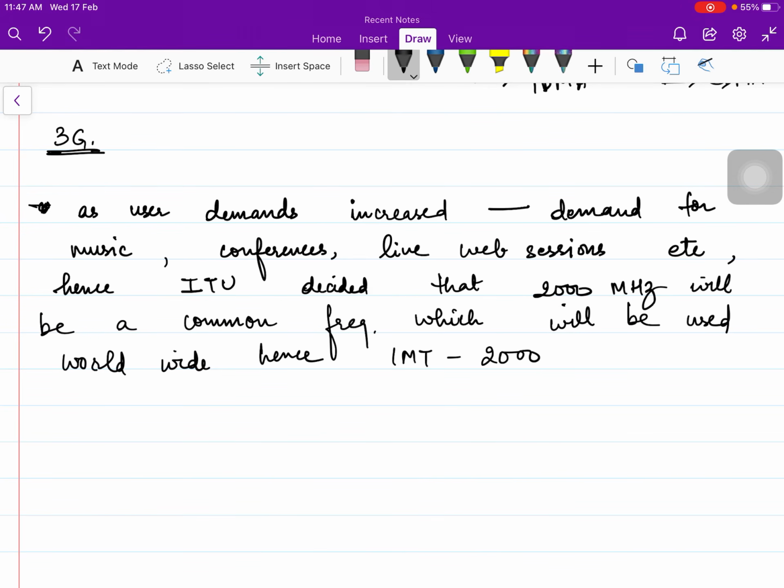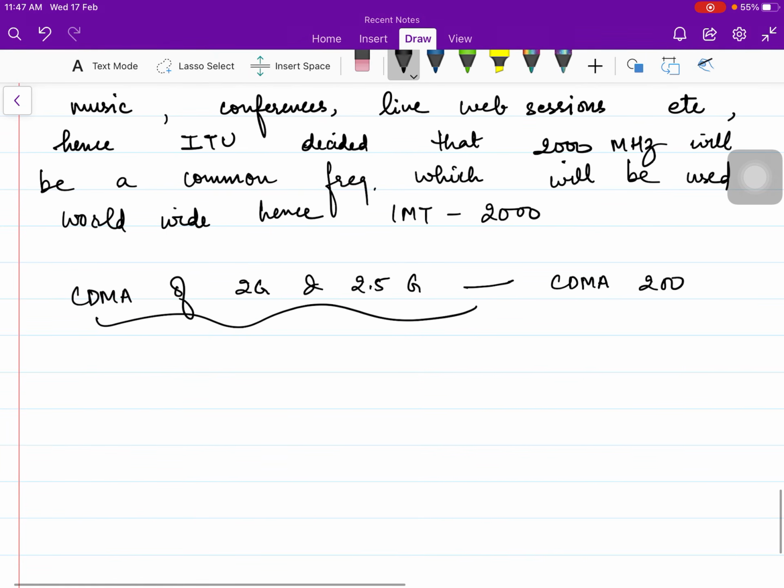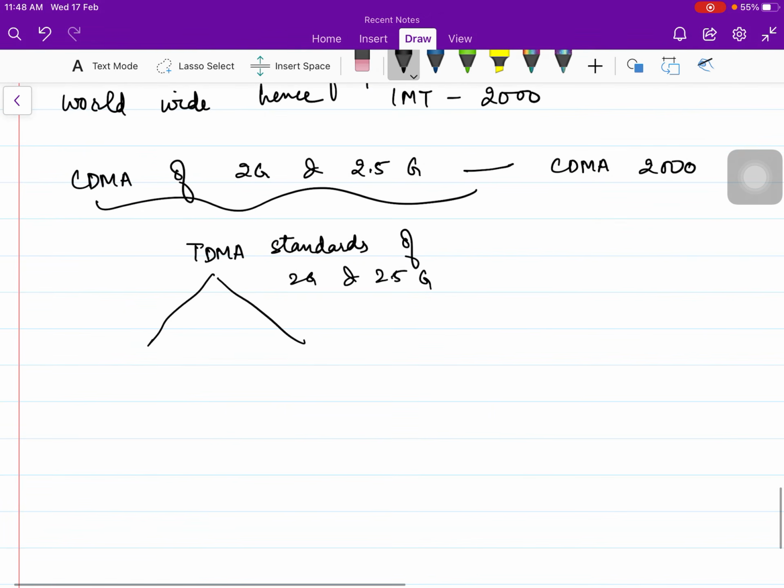So the CDMA of 2G and 2.5G became CDMA 2000 in the case of third generation, and the TDMA standards of 2G and 2.5G, what were they?